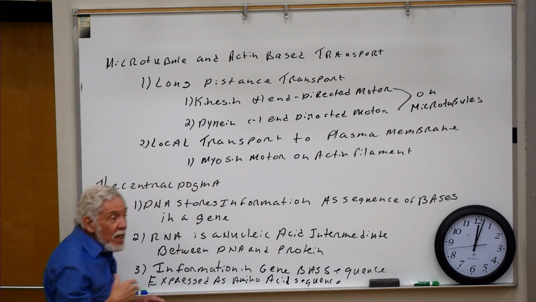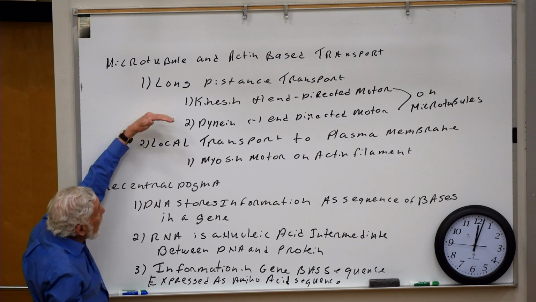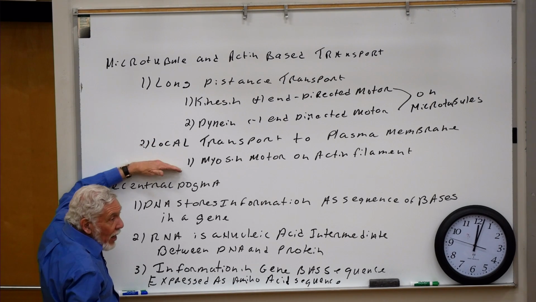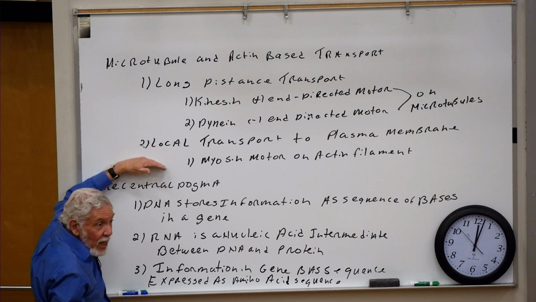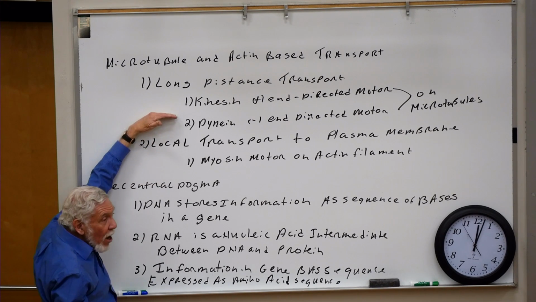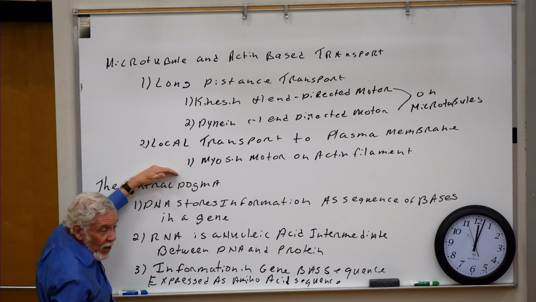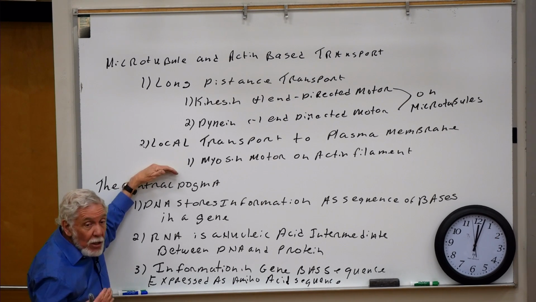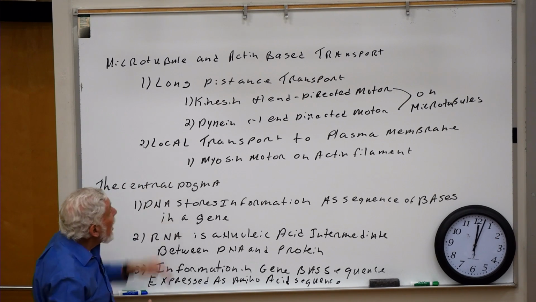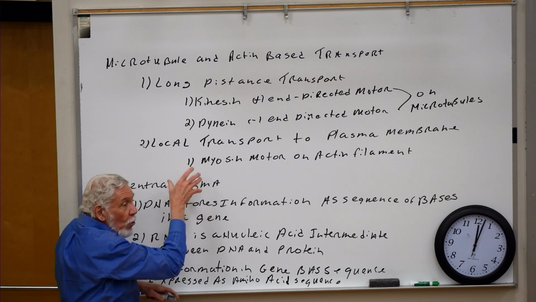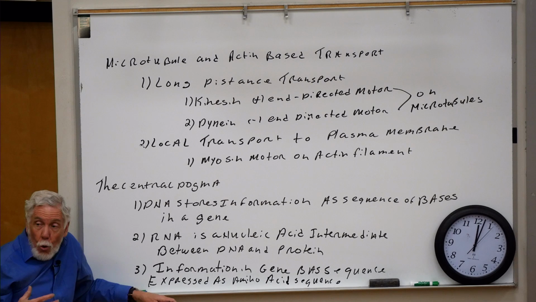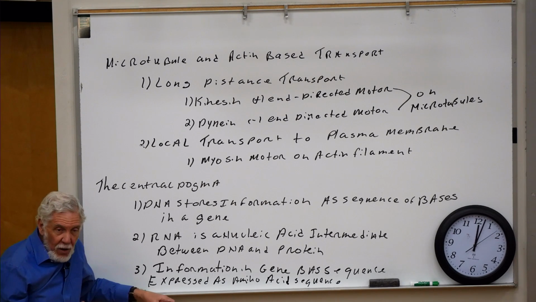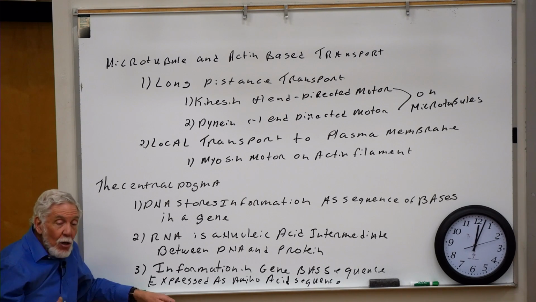But what we're going to see in all cases, whether we're dealing with kinesin, dynein, or myosin, is that these are ATPases. They convert adenosine triphosphate to adenosine diphosphate. And one of the take-home messages from today's discussion is that all three of these motors have the capacity to take chemical energy stored as adenosine triphosphate and convert that into mechanical movement.